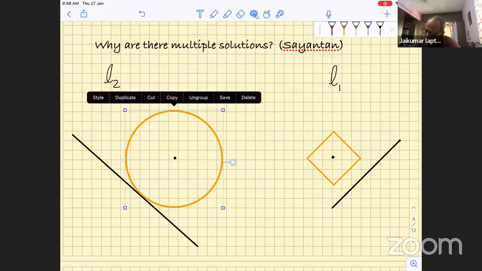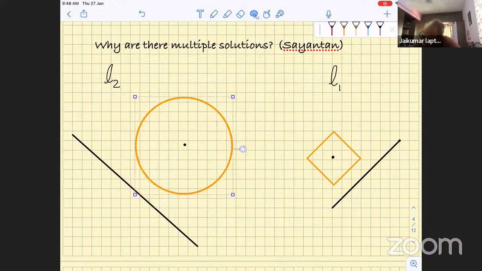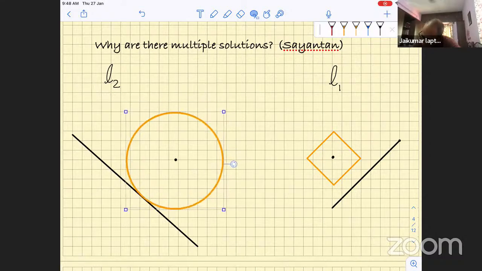My point also moved because I don't know how to handle this properly. But here's a point, and we want the radius at which this particular ball just touches this. This is our subspace. This is the point outside the subspace, and we want the largest ball which just touches the subspace.